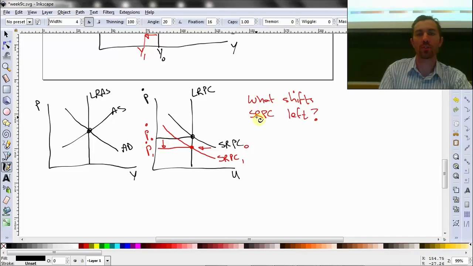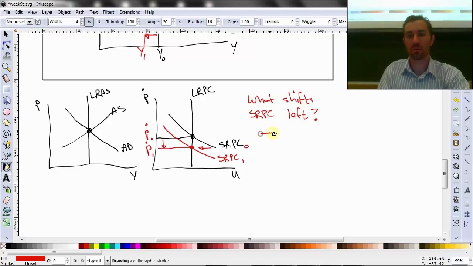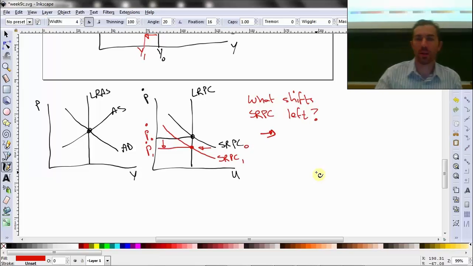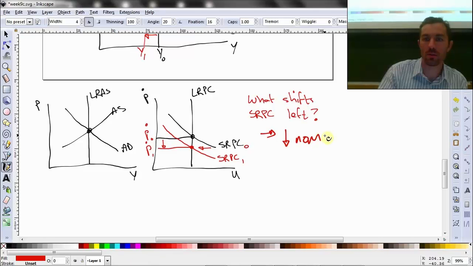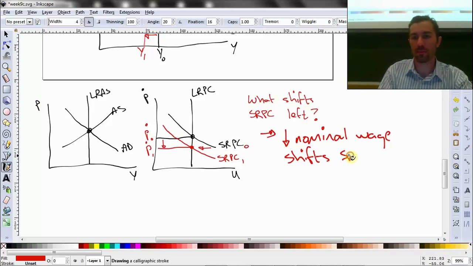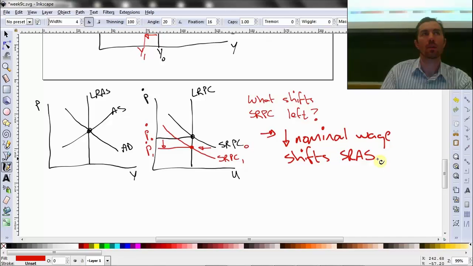So what shifts the short-run Phillips curve to the left? Why does it shift to the left? What is your understanding of the process? Decrease in wages, great. So we revise our expectations down, and there is a decrease in nominal wage, which shifts the short-run aggregate supply to the right.